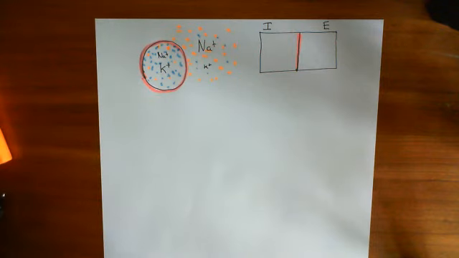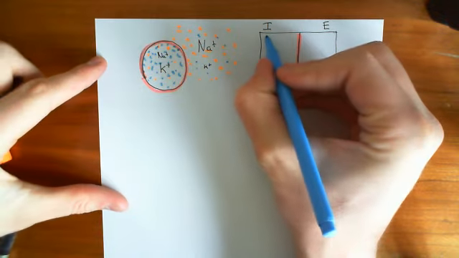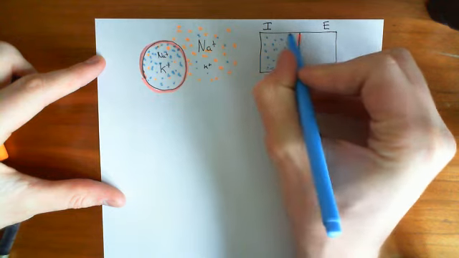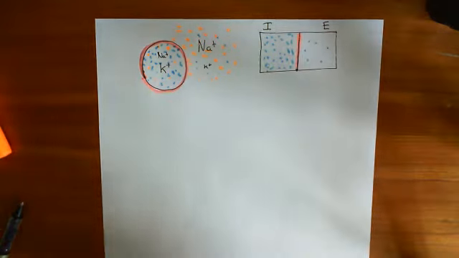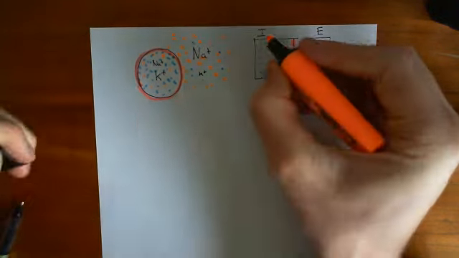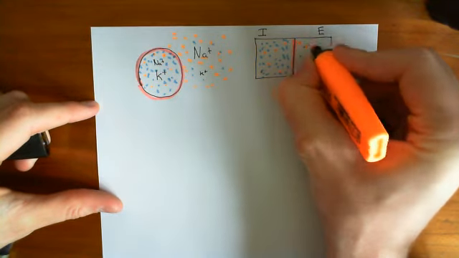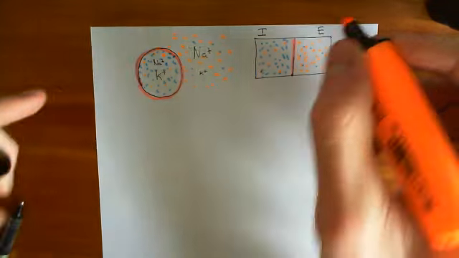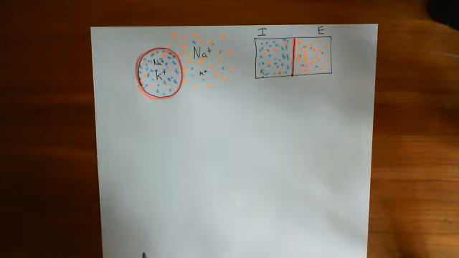Okay, so if we now transfer the information on this diagram into this diagram, we have very high concentration of potassium in the intracellular compartment, and a lower concentration of potassium in the extracellular compartment. And we have a low concentration of sodium in the intracellular compartment, and a high concentration of sodium in the extracellular compartment.